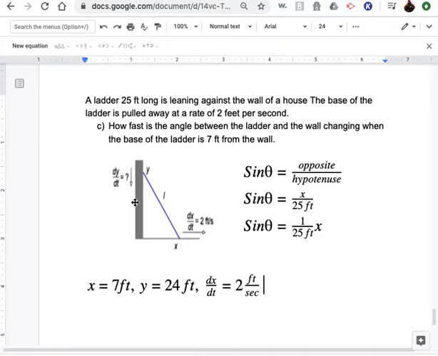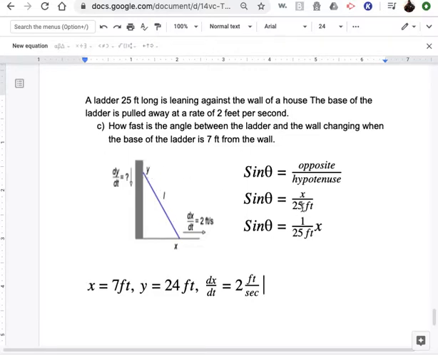If we pick sine or cosine, both involve the hypotenuse, which means part of our equation is going to be a constant, and we can plug that in. So I set this up: sine theta is equal to opposite over hypotenuse. The opposite side from our angle is the x dimension, and the hypotenuse is 25 feet, a constant.